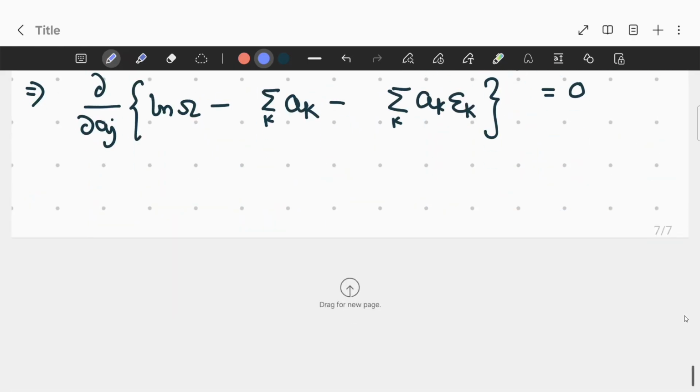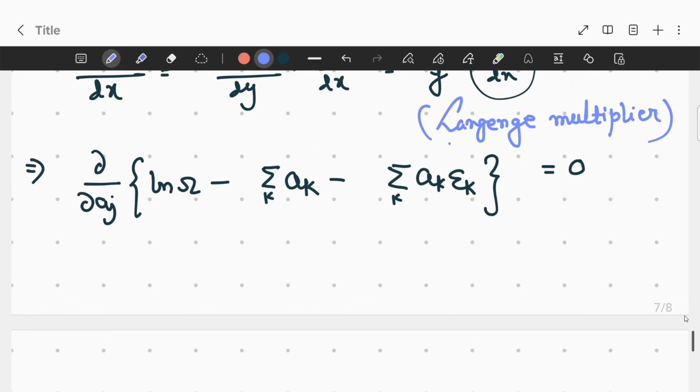But it's clear that we are taking the derivative, correct? So taking this one constant, or it's better to take alpha and beta, these are two constants. This is a more general form.